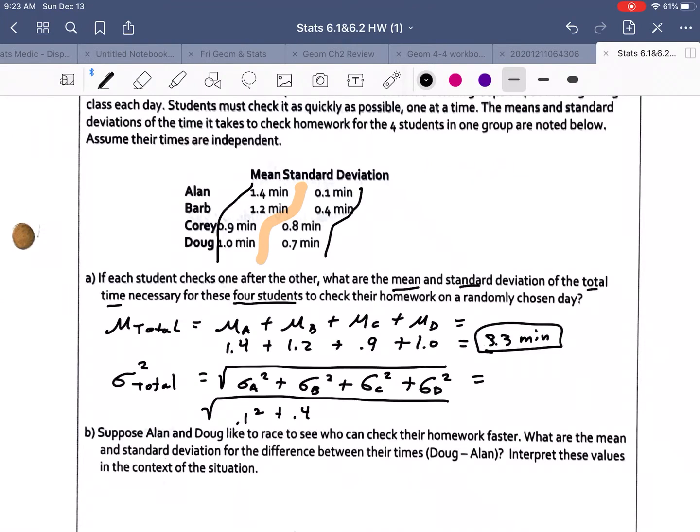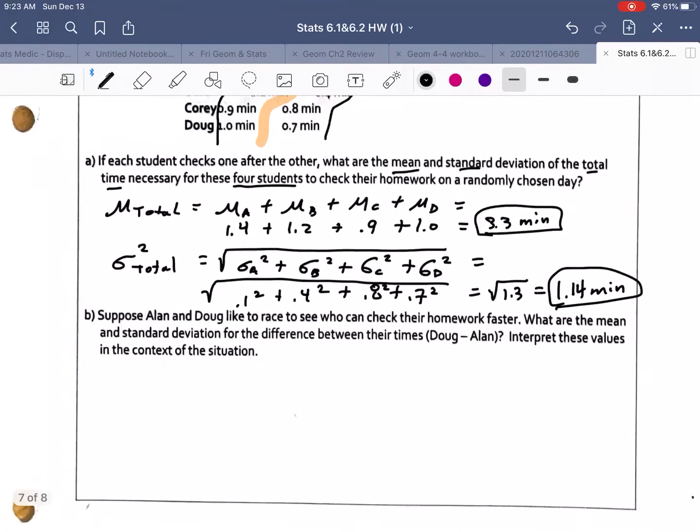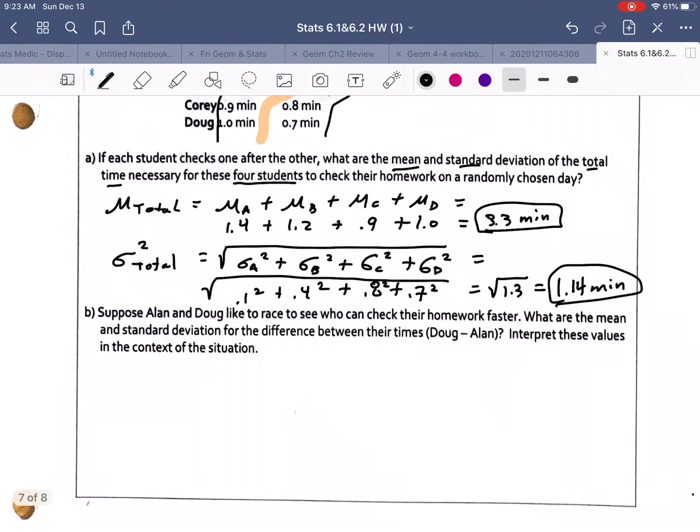So that would be 0.1, 0.4, 0.8, 0.7, and we're going to square each of those and then take the square root of the final answer, which is the square root of 1.3. So on average, we would expect for them to complete it in 3.3 minutes, and that should typically vary from that by about 1.14 minutes.